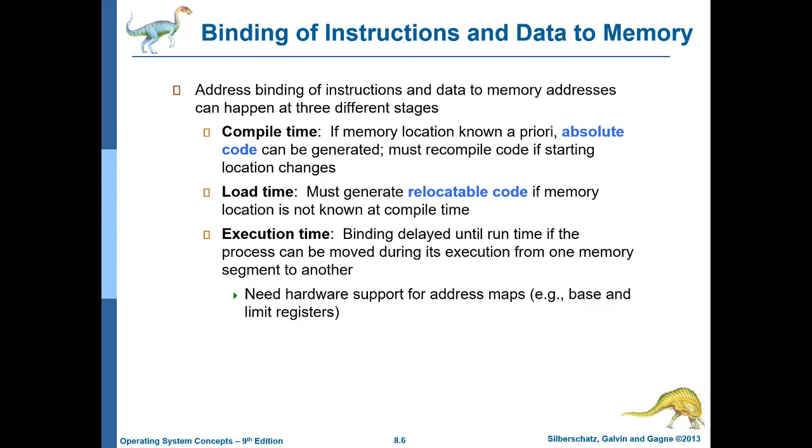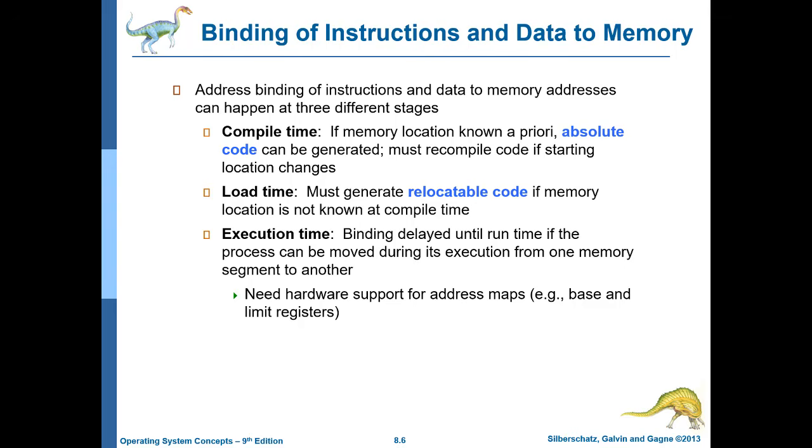Now this binding of instructions and data can happen at 3 different times. The first is at the compile time, which means that if the memory location is known in advance, then you can generate absolute code. So let's say we know that a program will be executed at address number 100.